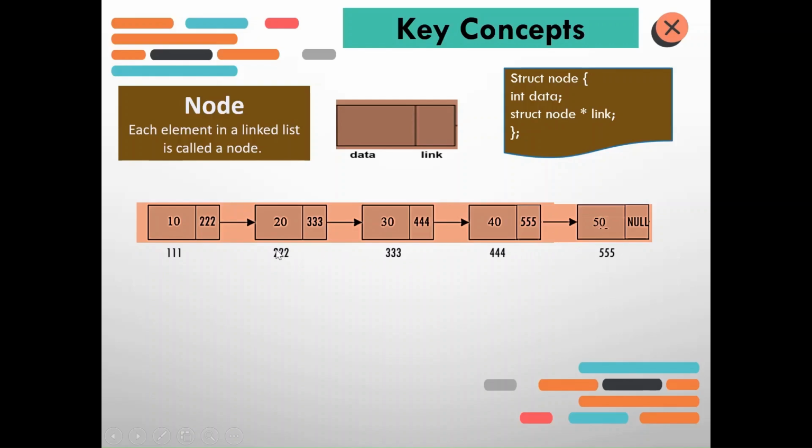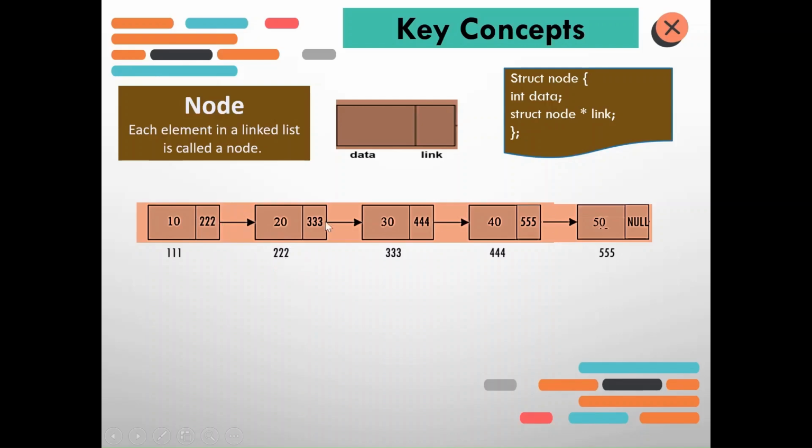Another thing that is important to mention here is that the link part generally makes a connection or the link to the next or the previous node. So in this case, writing a 222 here means that this node is storing the address of this node, right? So that creates a link.